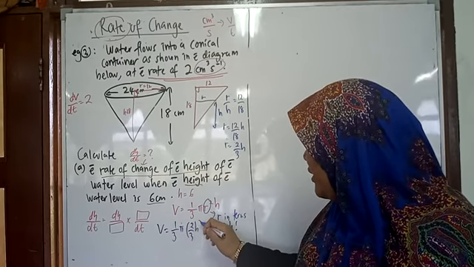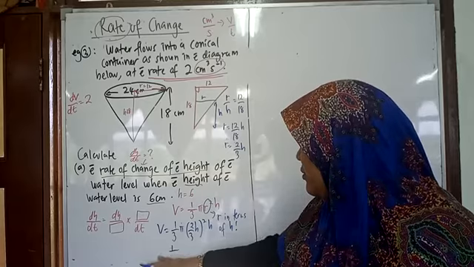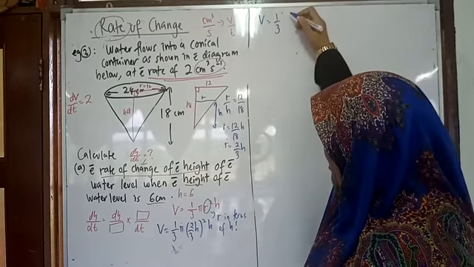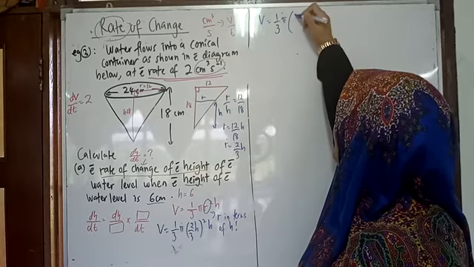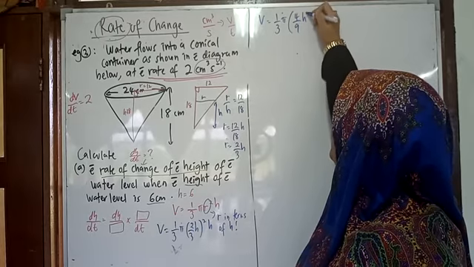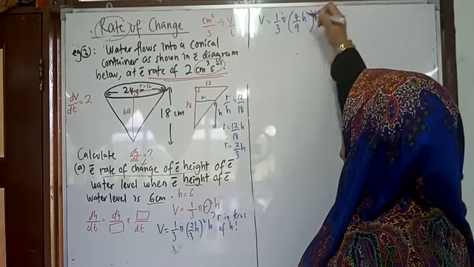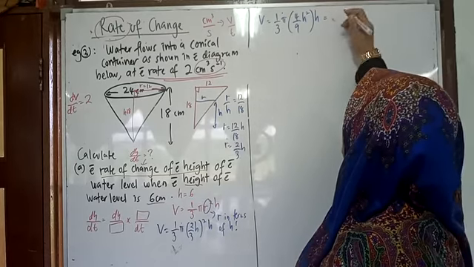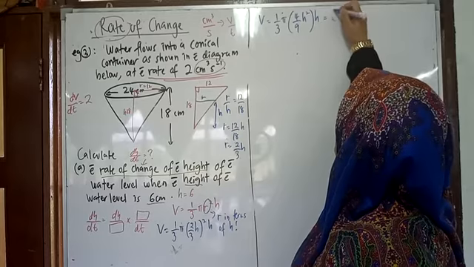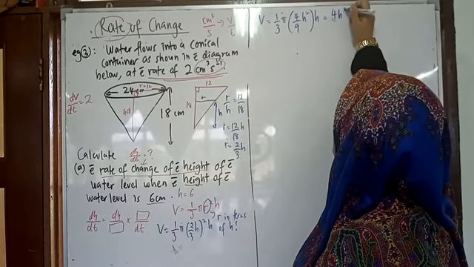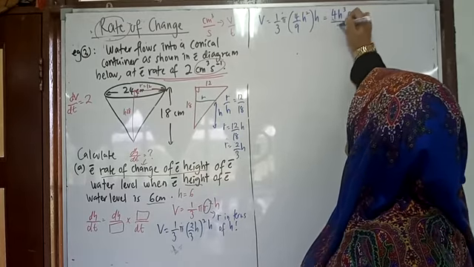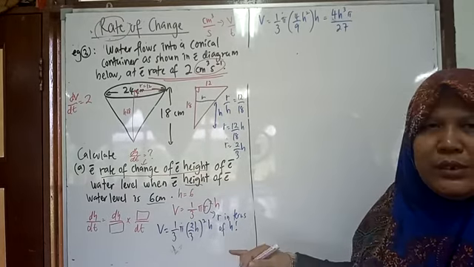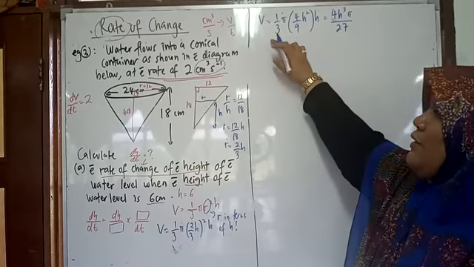So V equals 1 over 3 pi 4 over 9 h squared times h, in which V equals 4h cubed pi over 27. So this is our V.